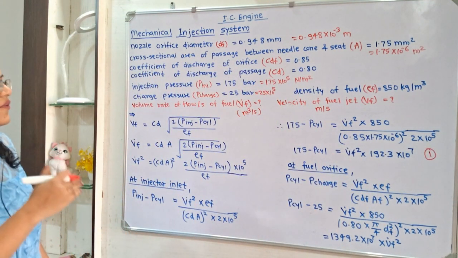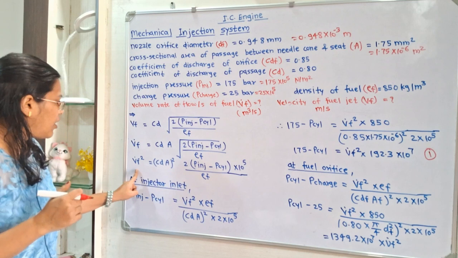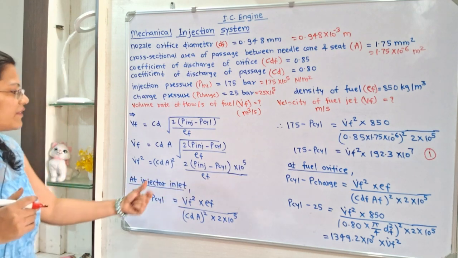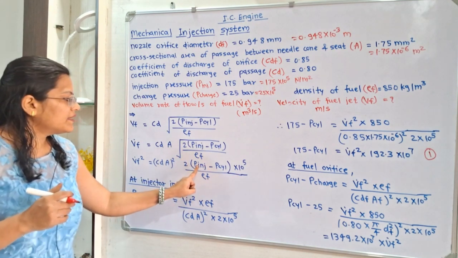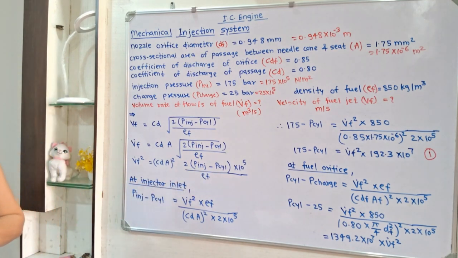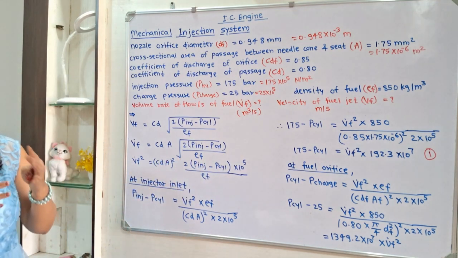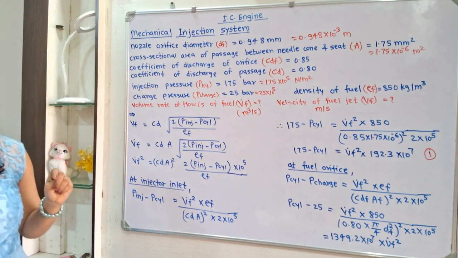Now we will move to the fuel orifice. Now at the fuel orifice, how will this equation become? Again we have to take P cylinder minus P charge, because here the cylinder pressure, that is the combustion pressure, is higher than the charge pressure.